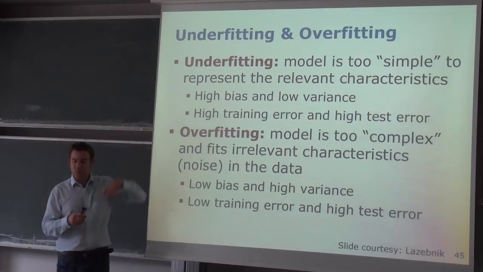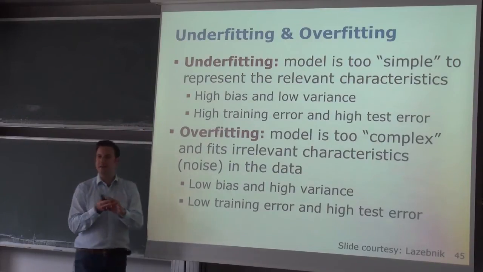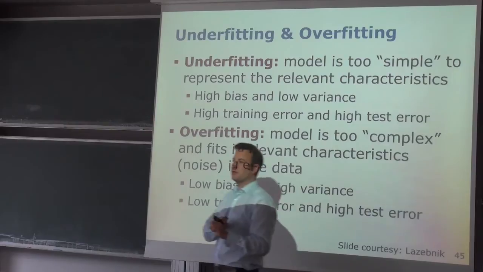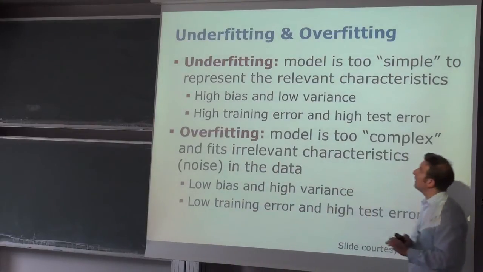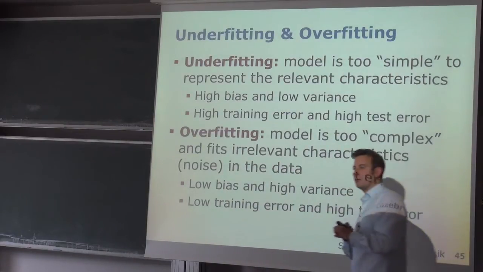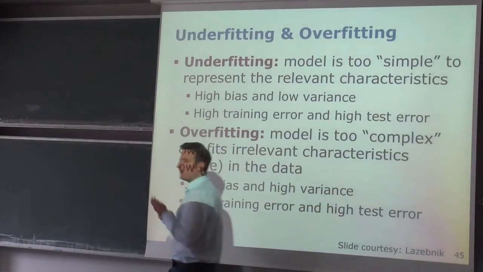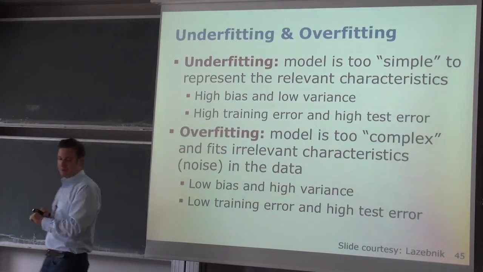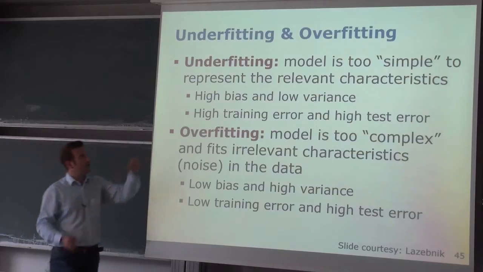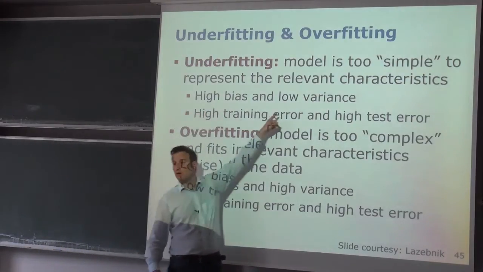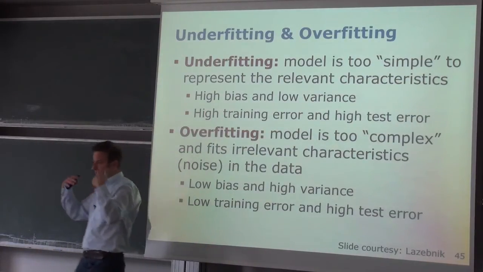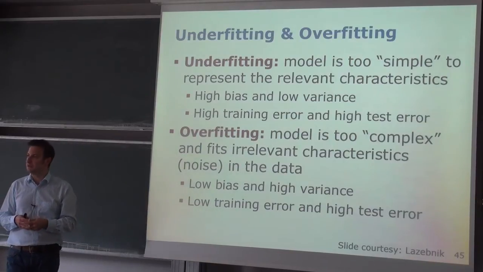So I have two things here. Underfitting and overfitting are 2 things which we often experience when we learn classifiers. Underfitting is that our model is too simple for representing the distribution of features that I have in my space. And this typically leads to a high bias, but a rather low variance. So even if I take different data sets, I would typically end up having a similar model.